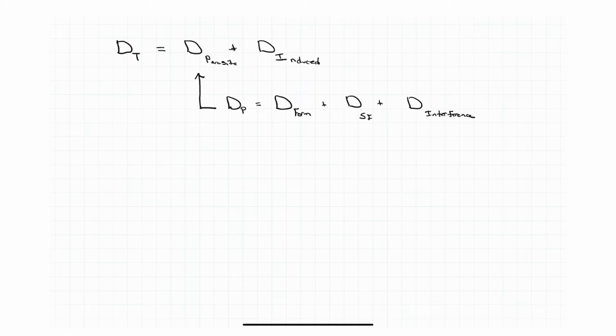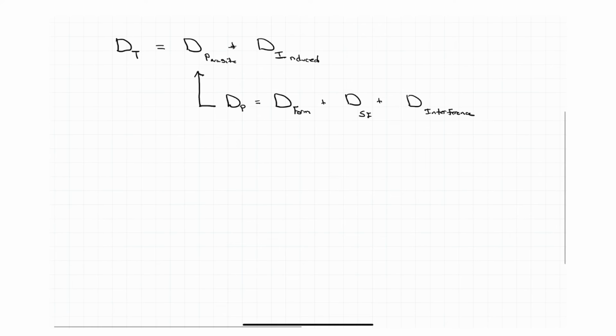First, we're going to start with parasite drag, and we're going to start with form drag. Now, form drag has three things that give us form drag. It's the size of the object that the airflow is going over. It's also the shape of the object.